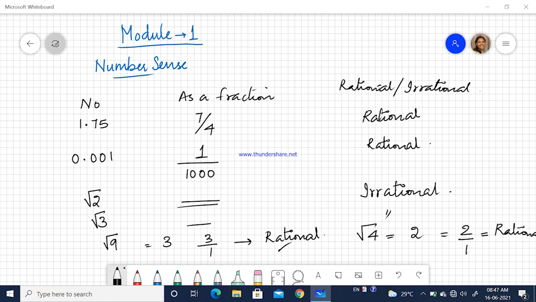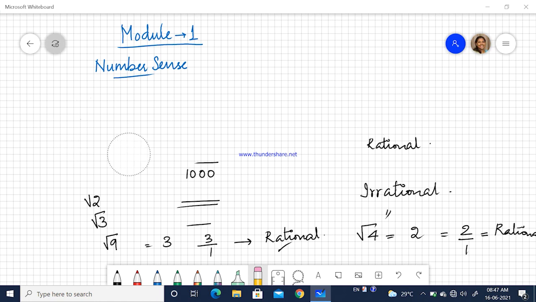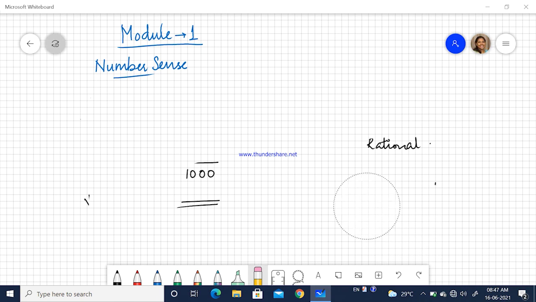Now let's see the last form, that is real numbers.